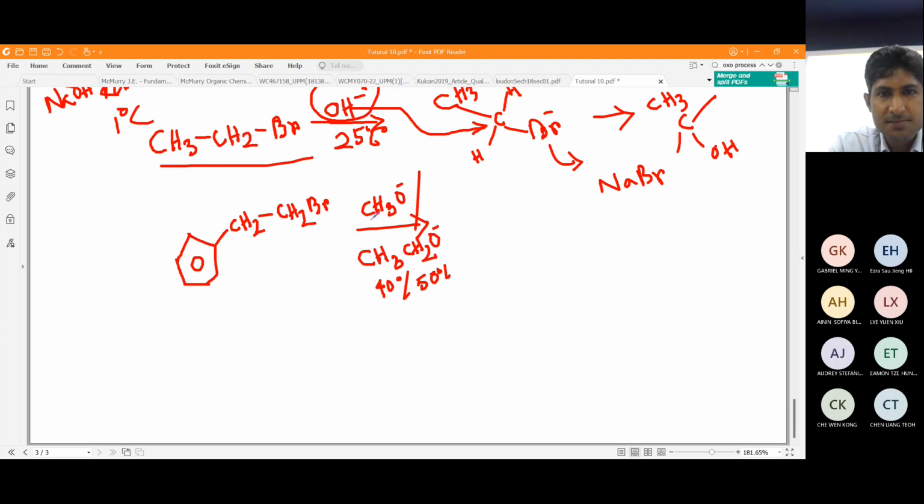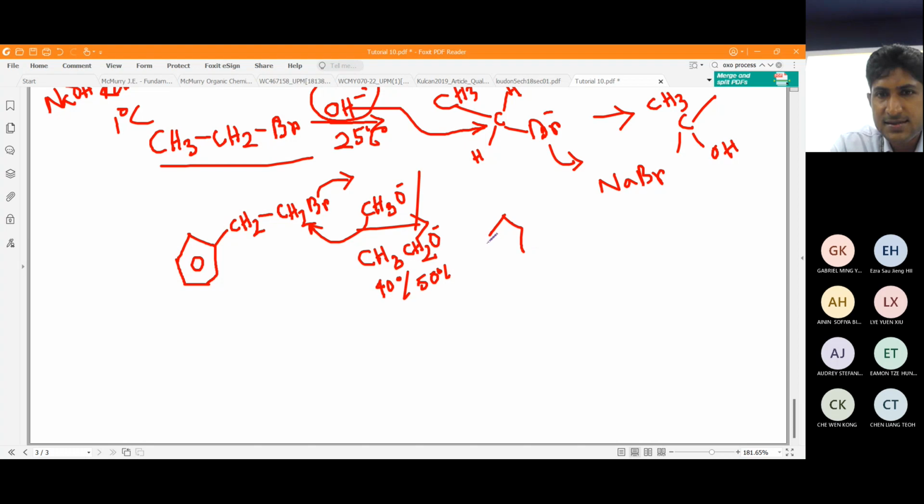Again, this methoxy is going to kick this bromine out. It's probably a strong word, but it will force this bromine to go out, and then it will have the reaction in a similar way. So what is the product being formed?